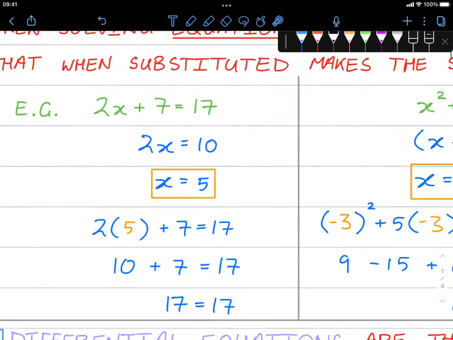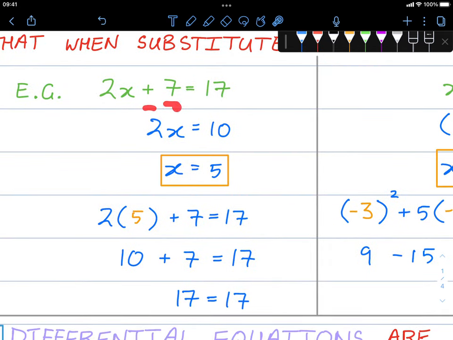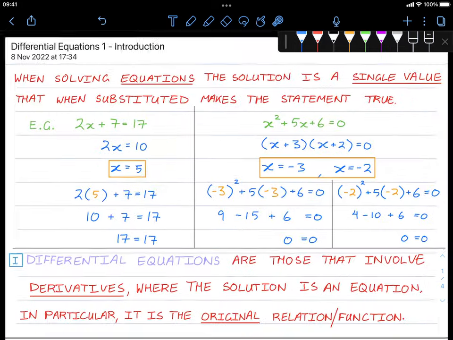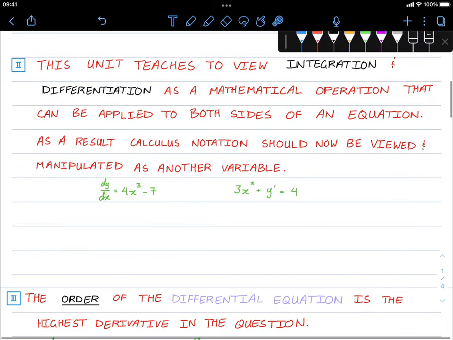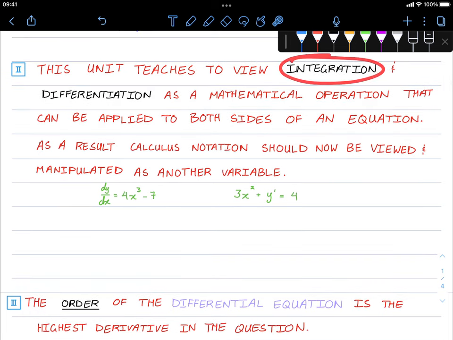Just as we could subtract both sides and divide both sides, because we're learning about differential equations, we treat integration and differentiation as another mathematical operation. As a result of this, calculus notation should now also be viewed as another variable that can be manipulated.